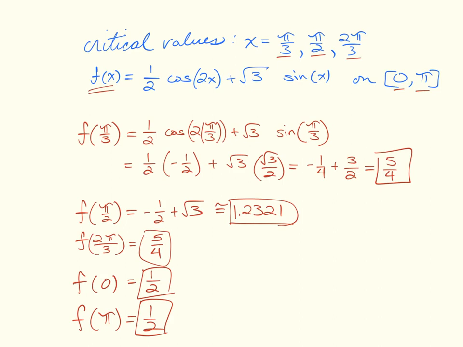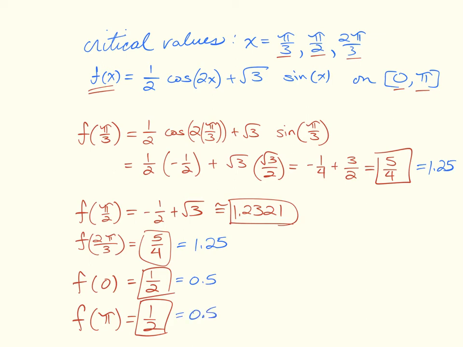From here, you just need to make sure that you are picking the maximum and minimum values. Just for some clarification, 5 over 4 is 1.25, which is the same thing over here. And 1/2 is 0.5, same thing here.